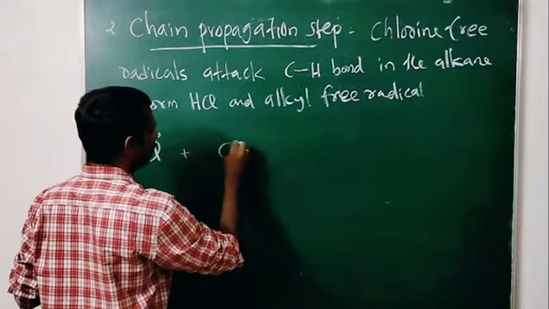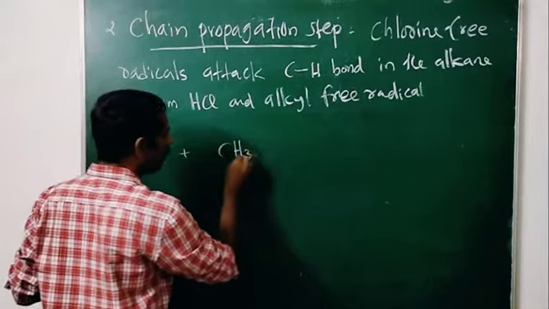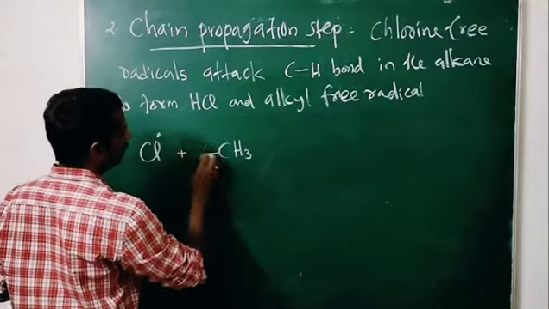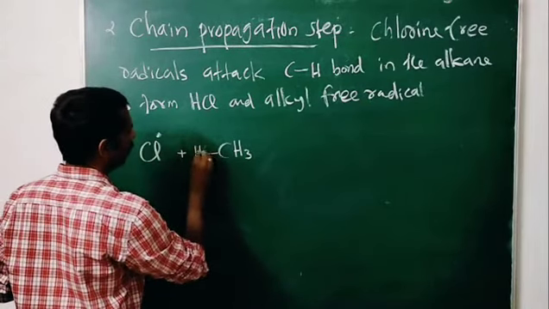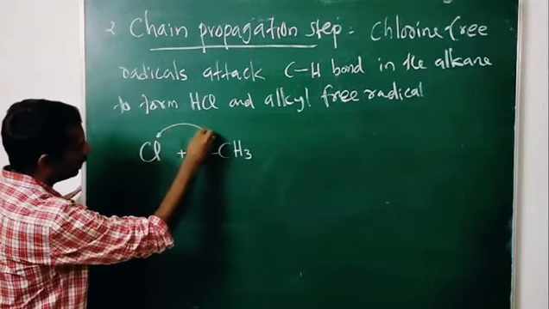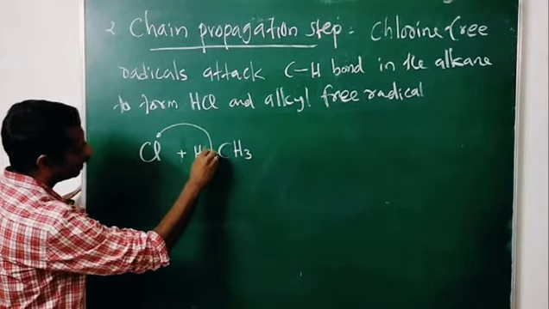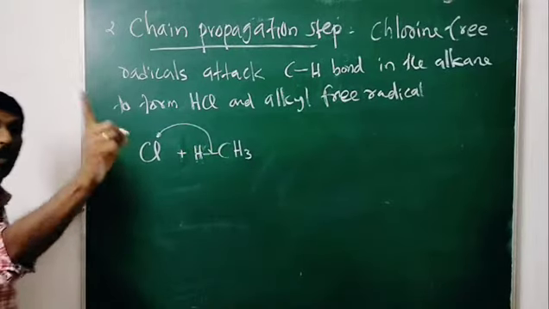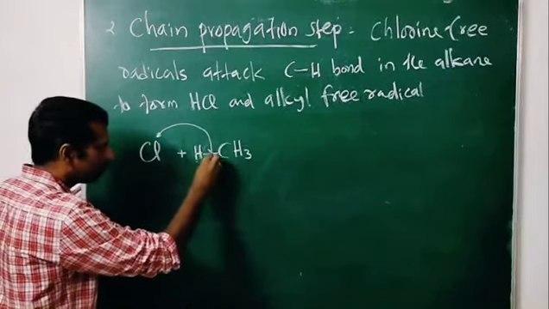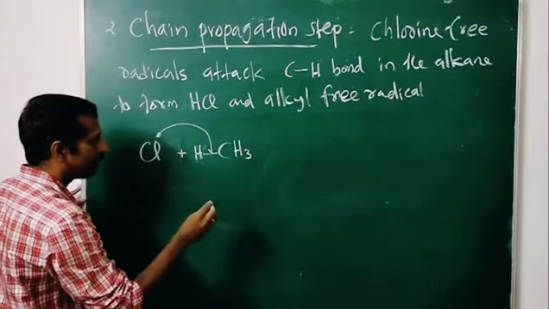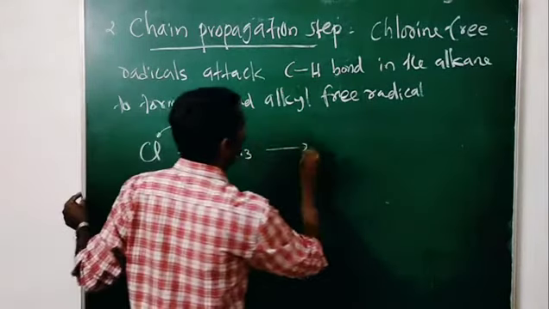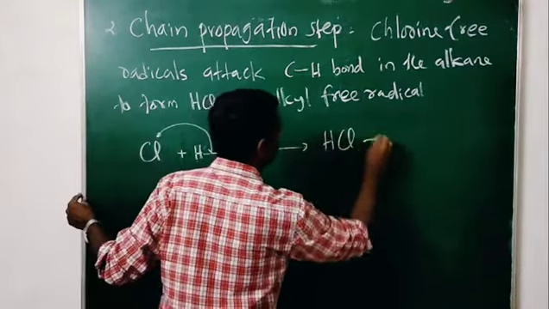Methane means CH4, or I can write CH3 and one H is here. Now what is happening? This chlorine free radical will attack one of the C-H bonds, breaking it homolytically. It will change into H free radical and CH3 free radical. This H free radical and Cl free radical will join together, and what will form? We get HCl plus CH3 free radical.